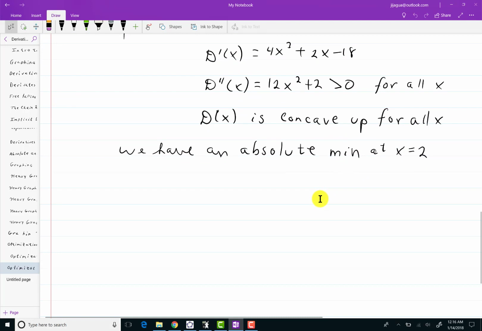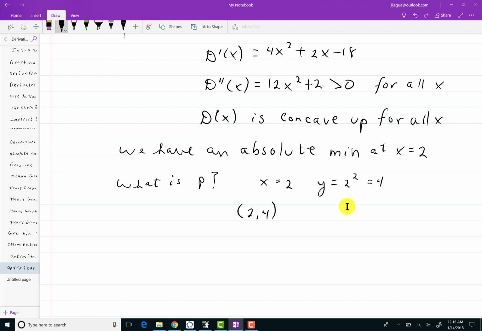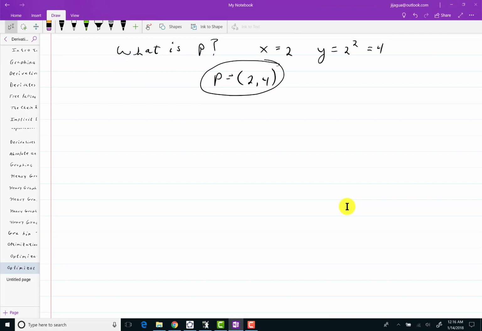So, what is the point? What point is closest? Well, if x equals 2, y equals 2 squared, which equals 4. So the point (2, 4) is P. And then what was that distance? That was the second part. I'll just plug in the regular distance formula.